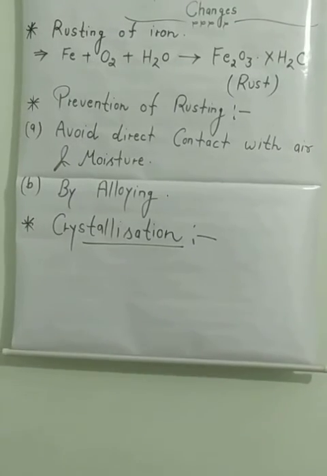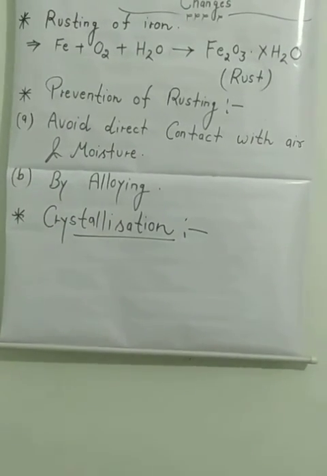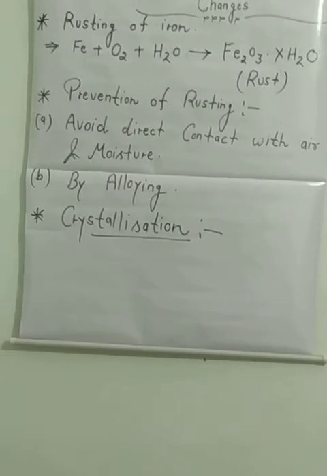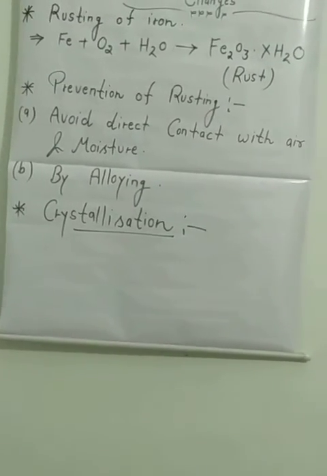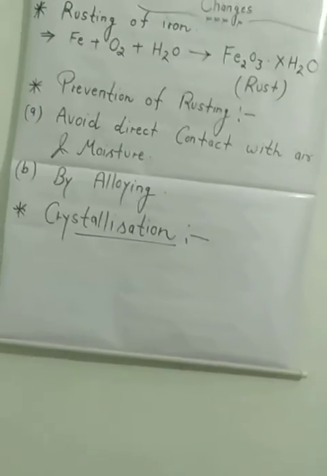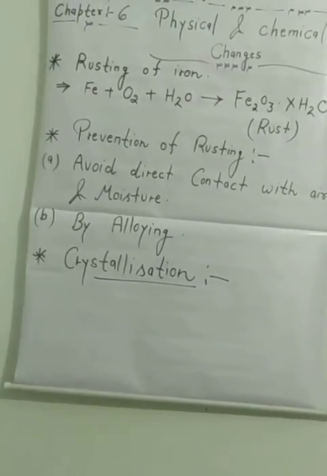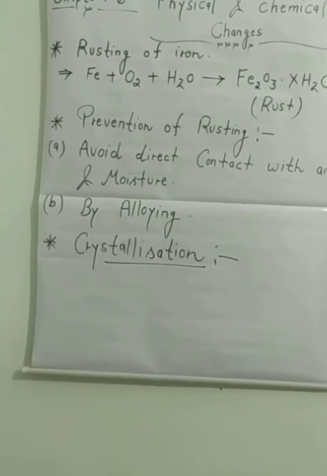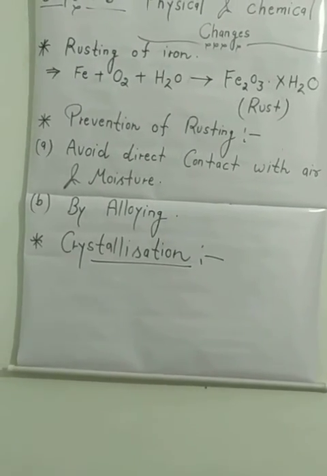From sea water, if we want to get sea salt, then we can easily adopt the process of crystallization. Means if we want to separate some solid things from their liquid solution or from other solution, then we will apply the crystallization technique.